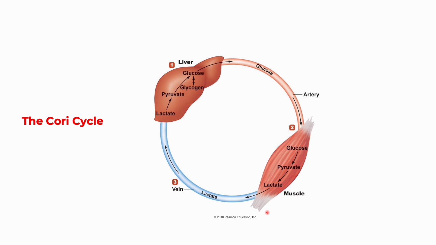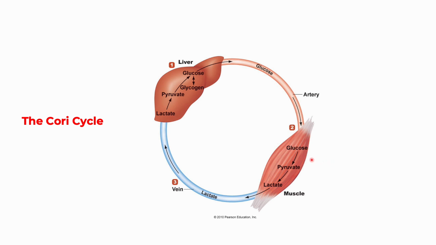Again, this Cori cycle plays an important role during periods of intense exercise when the muscle is relying on anaerobic metabolism and is producing large amounts of lactic acid. Remember, when there's no oxygen present, glycolysis produces 2 ATP and pyruvate.